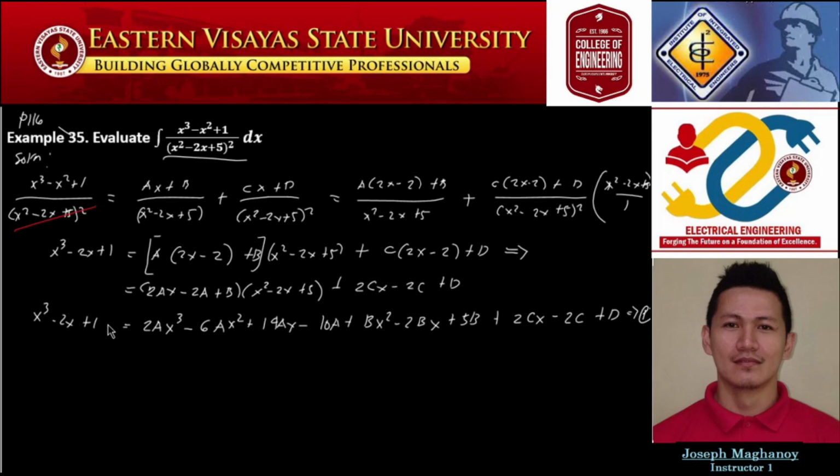In our equation 1, we need to determine the value of a, b, c, and d. So we solve for the unknowns by equating the coefficient of x and the constant. So we start with the power x cubed.